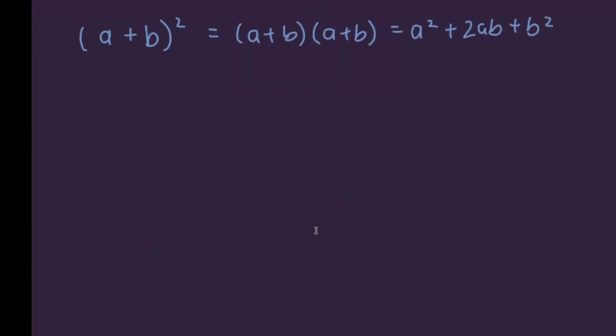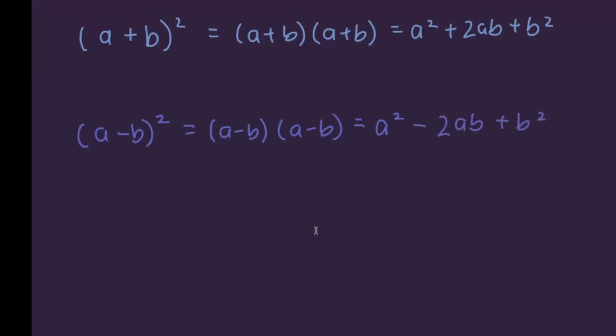And second, we have a minus b squared. That is a minus b times a minus b, and you will get a squared minus 2ab plus b squared.